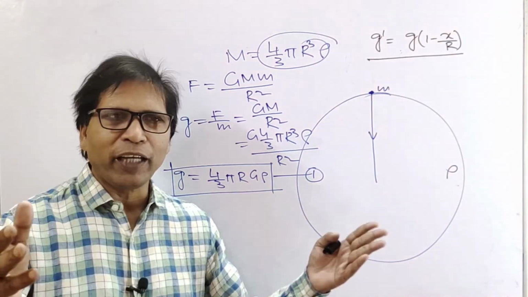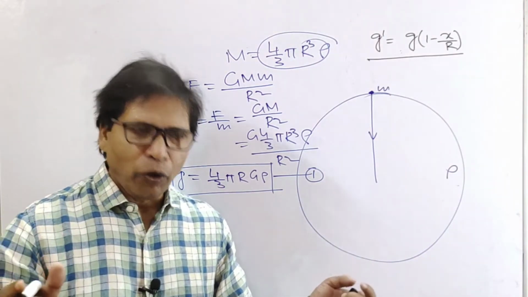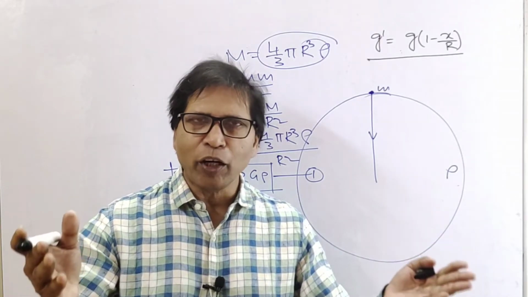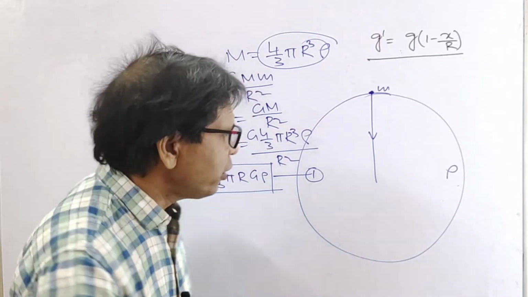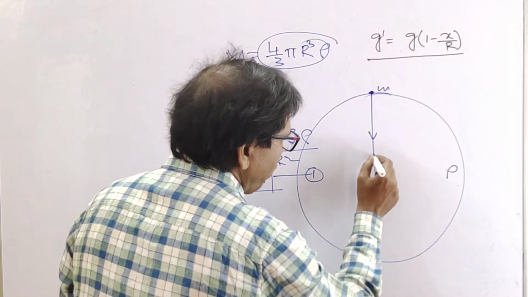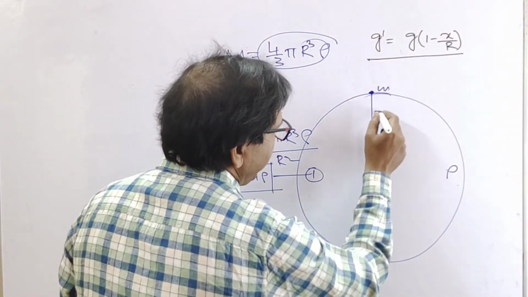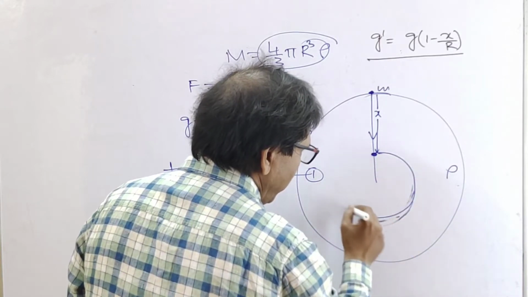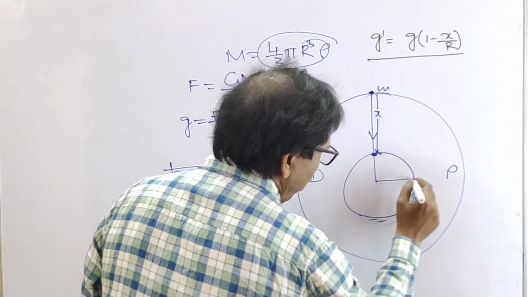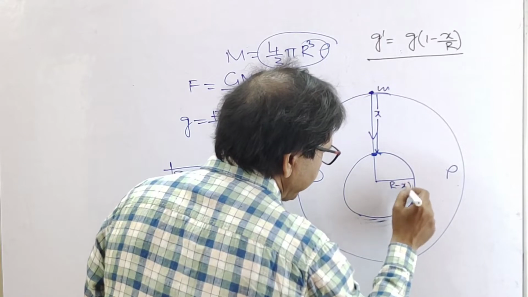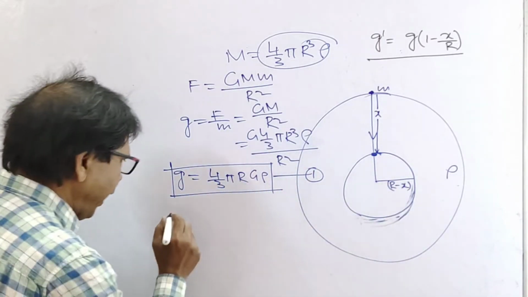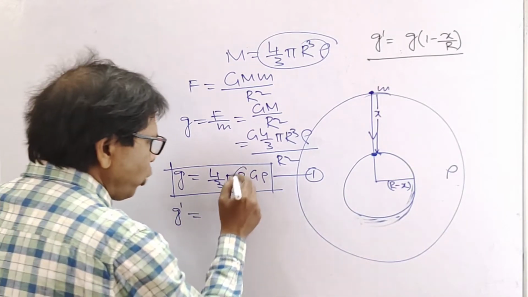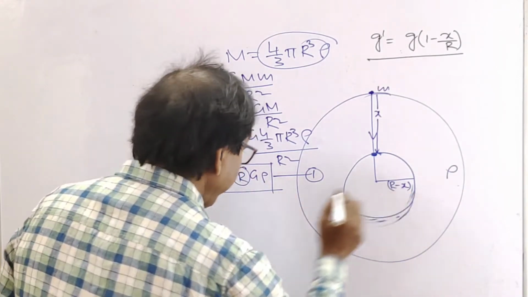Now we have to find an expression of g with depth. Suppose the mass m is at a depth x from the earth's surface. Now this mass will be on the surface of a sphere of radius R minus x. So the acceleration due to gravity g dash, R should be replaced by R minus x.